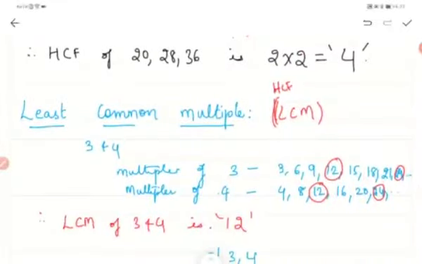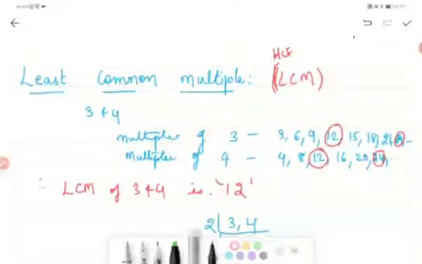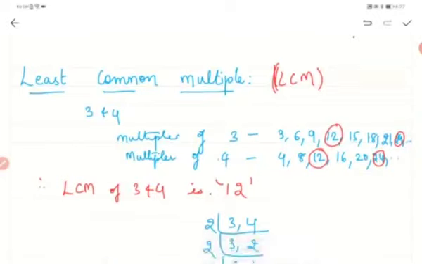Now it's time for us to see what LCM is and how to get it by the factorization method. First, let's see it by the normal method. What is LCM? It is least common multiple, isn't it? So we have 3 and 4. For 3, we need multiples, which means you need to get your table, just remember.